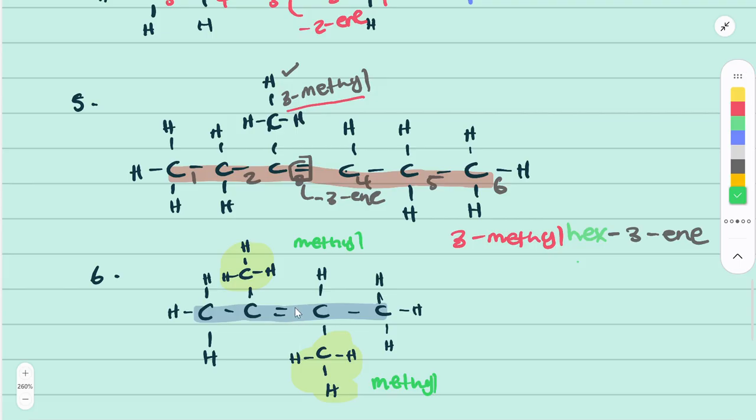But then, which side of the molecule do we start numbering? So now we see that here, this double bond, it's 2 carbons away from the left, 2 carbons away from the right. So then now the functional group here does not assist us in the numbering. So the second rule that we're going to choose is the substituent.